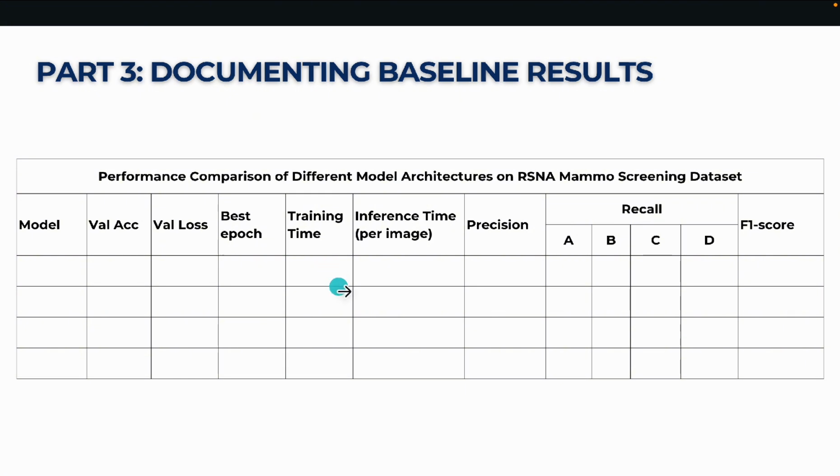This is very essential because when we do a comparison, we want a model that performs well but also takes less time to train. Next, we'll also see the inference time per image. For example, how many seconds it takes to make a prediction on a certain image after we have trained our model. Next, we are also going to add the precision, recall, and the F1 score that we get from the classification report once we train the model.